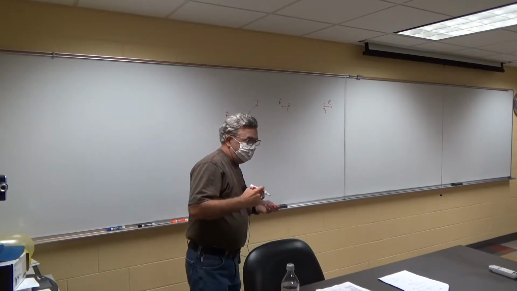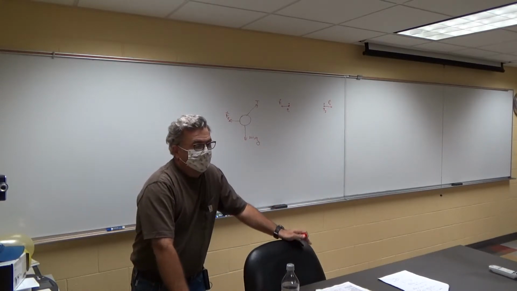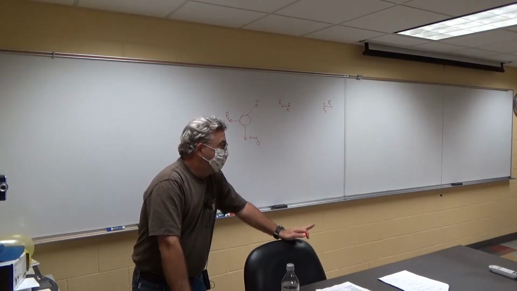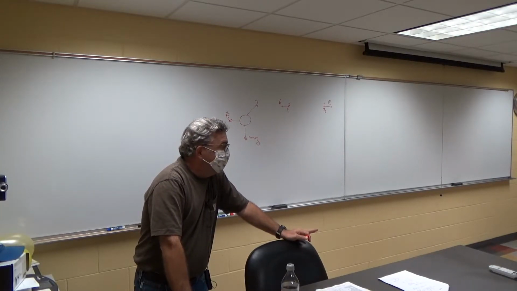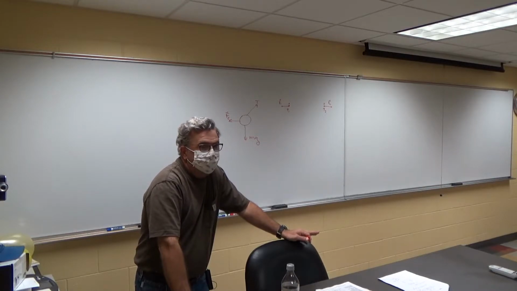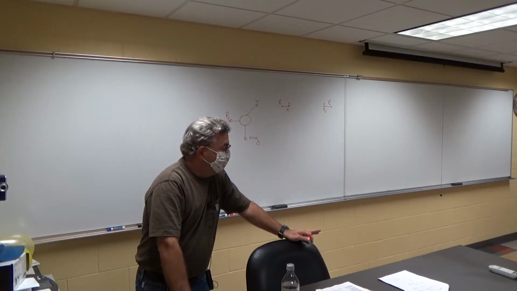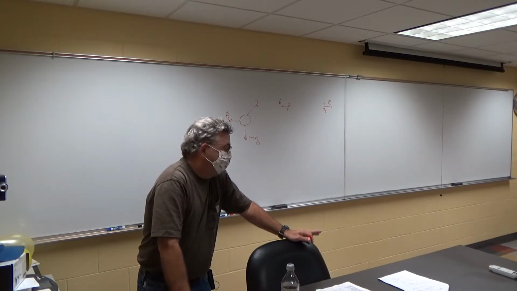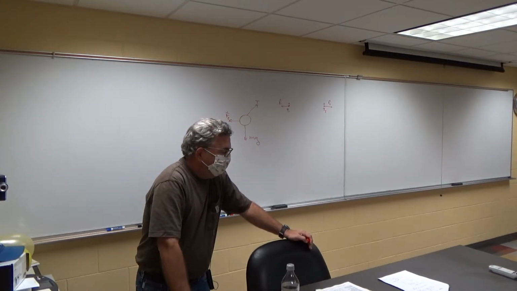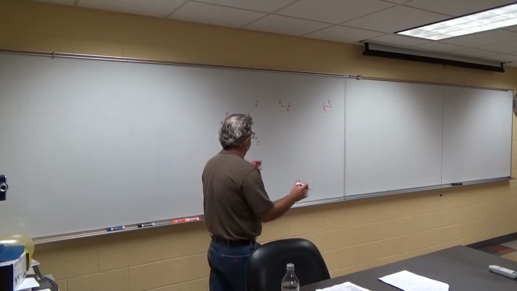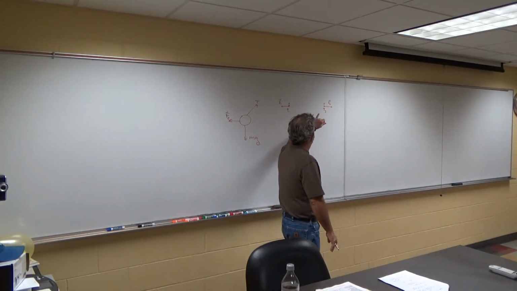A lot of texts will cook up all kinds of fancy notation for these things, like F12, F21, R1. Okay, we'll do a little bit of that, but in the beginning, I think it's a lot simpler just to draw the picture, look at the physics.